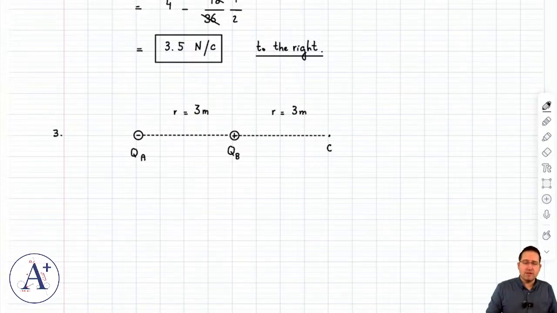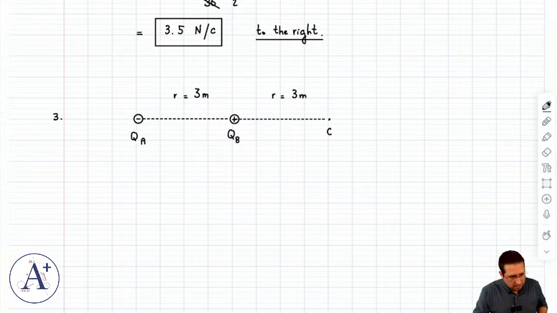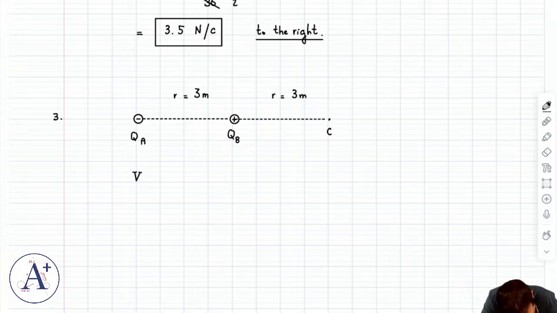And at point C, once again, it's going to be superposition. I have 2 point charges that create electric potential everywhere in the space surrounding them, and therefore at point C, to find the net electric potential, I'm going to write VA plus VB. So V at point C by superposition is VA plus VB.